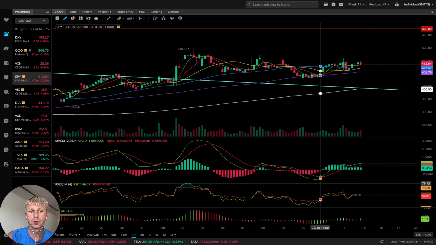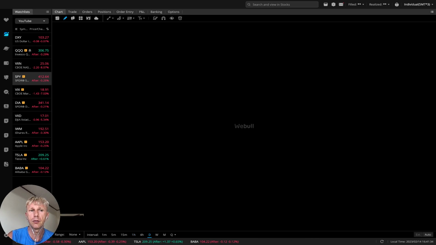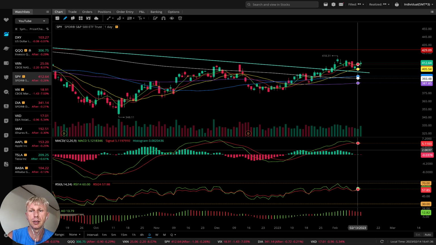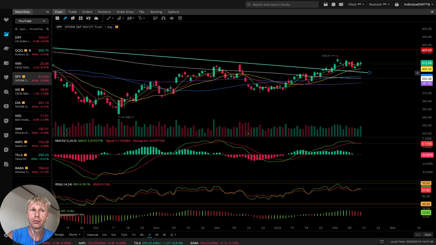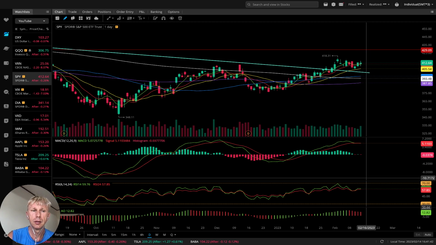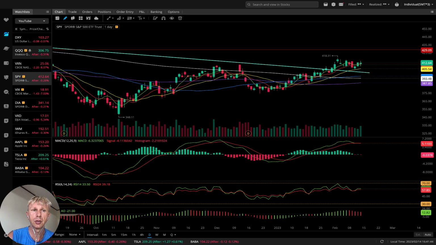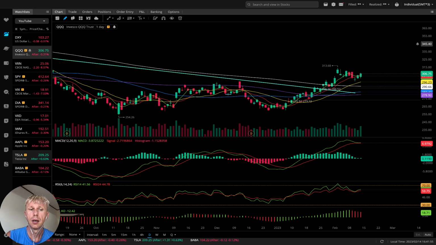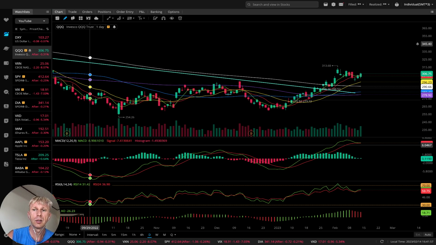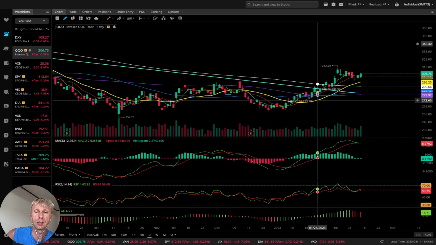Still, on daily time frame, all indexes are still bearish. They want to go bearish. Like SPY, daily, it's still bearish. QQQ is the strongest because of Tesla. Tesla is the strongest stock these days. It's retail investors investing.